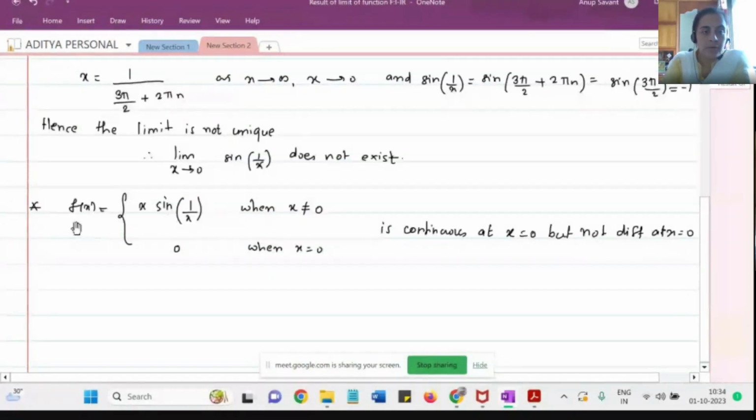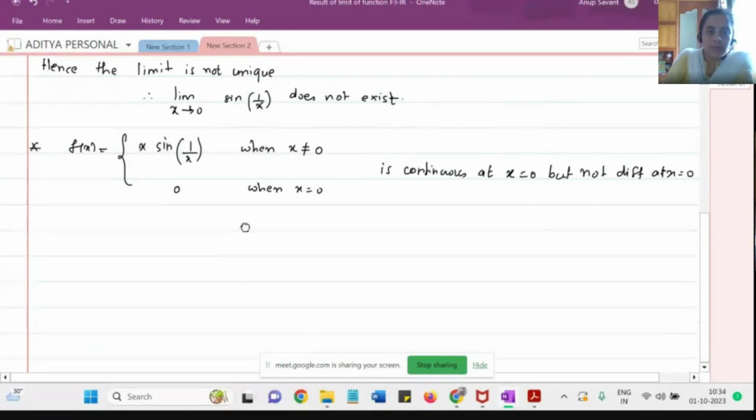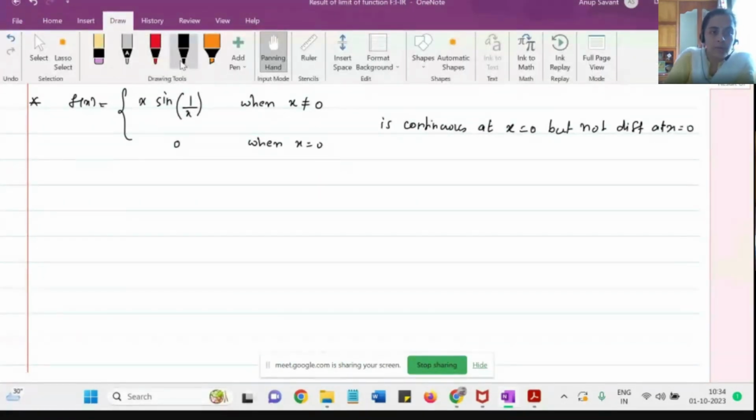Now let me define a function f(x) equal to x sin(1/x) when x is not equal to 0, and 0 when x is equal to 0. Since sin(1/x) is a bounded function, we can check on our own that this function is continuous at 0.